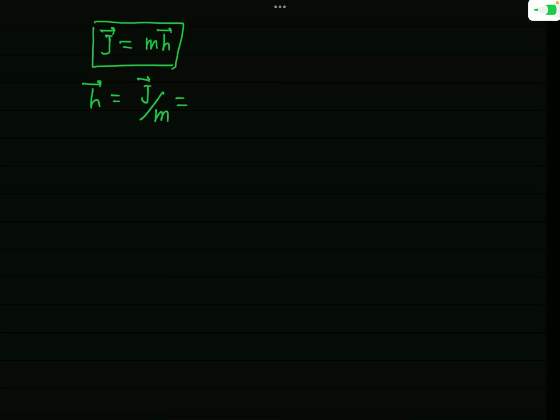So h is also an angular momentum vector, but it is angular momentum of unit mass. So you can say this is angular momentum per unit mass.